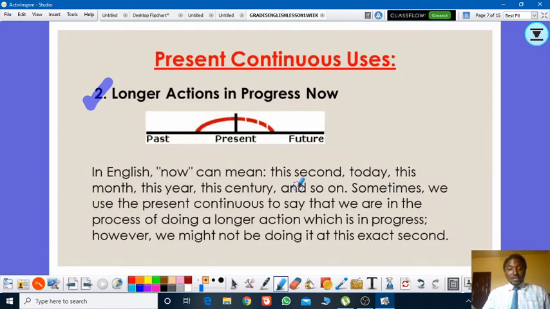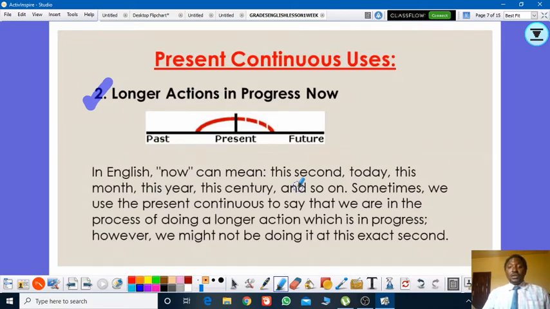Sometimes we use the present continuous tense to say that we are in the process of doing a longer action which is in progress. As you can see, in English, now could mean today, this very second, this year, this month, this century, this millennium, and so on.